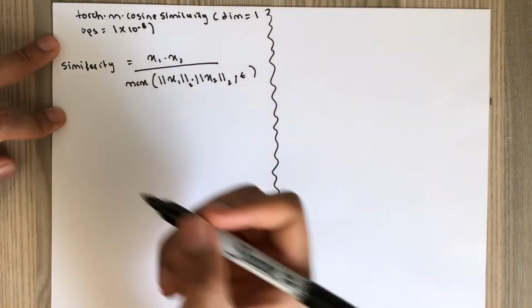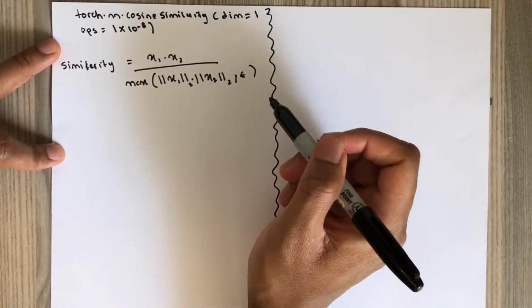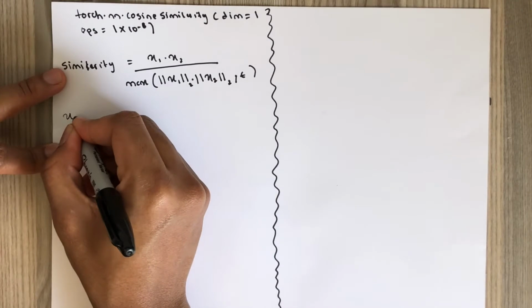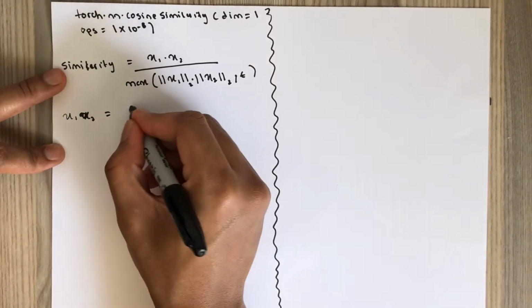So let me write the formula for both the dot product and the L2 norm. The dot product between, say, x1 and x2 is this.